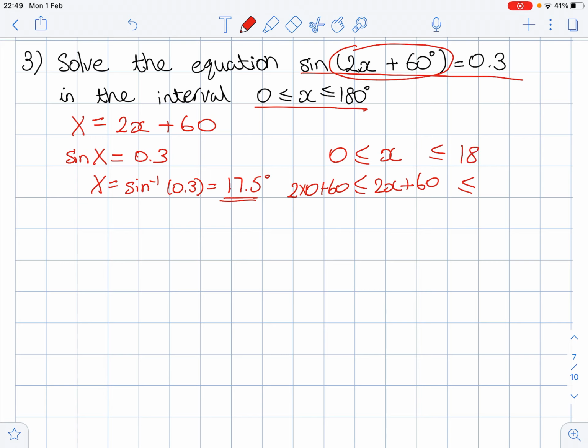And similarly here, between 180, so I need to do 2 times 180 plus 60. So this is my capital X. So the values I'm looking for are between 60 degrees and 420 degrees.